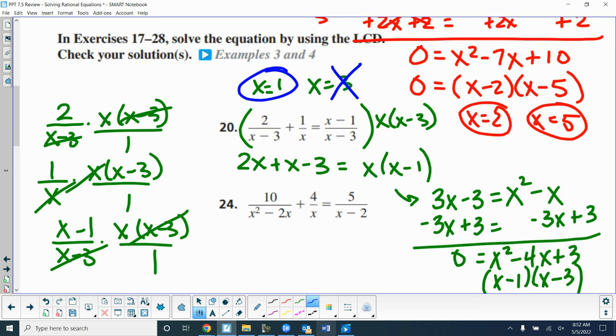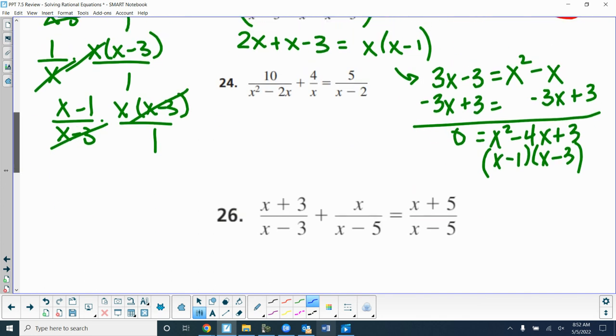Now, let's look at 24. Here, it's factorable, so we need to factor it. We got a GCF of x. So, what shows up as a denominator? An x and an x minus 2. So that's what I'm going to multiply everything by. Okay?